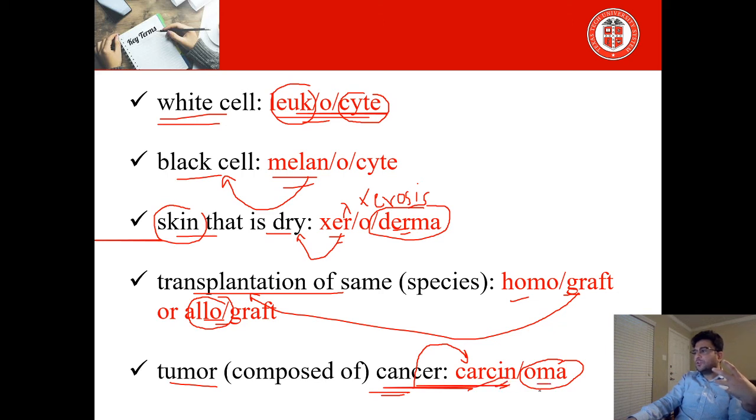So please make sure that oma means tumor and the carcin word comes from cancer. So these are some of the terms which particularly relate to some of the conditions and diseases related to skin and its nearby structures.